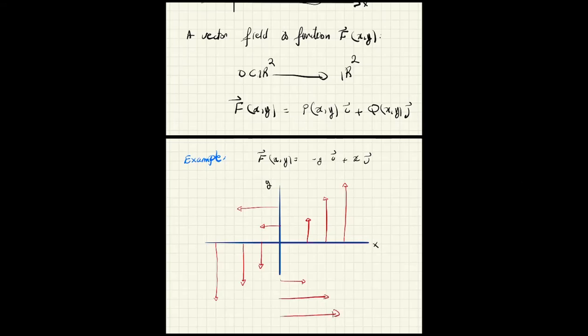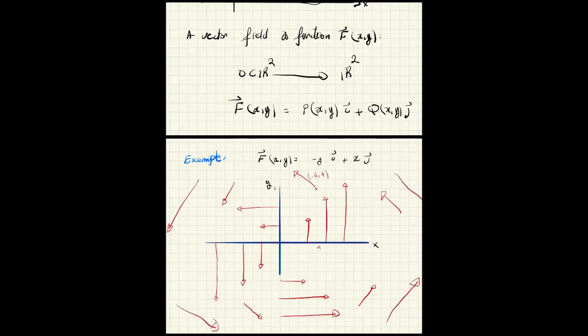And of course, if we choose another point here, let's say x is 6 and y is 4, then you're going to have some vector that looks like this. This is the vector minus 4, 6. It's like a tornado, and as you move away from the origin, it gets bigger again.